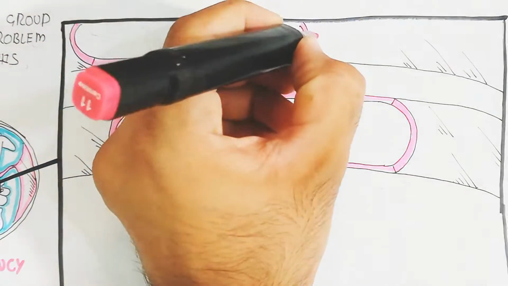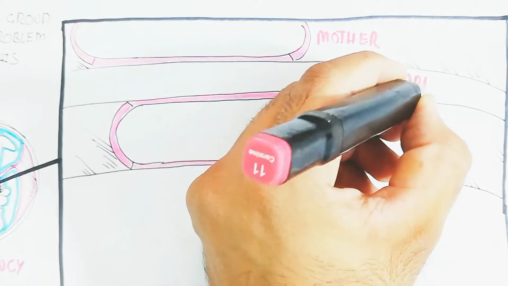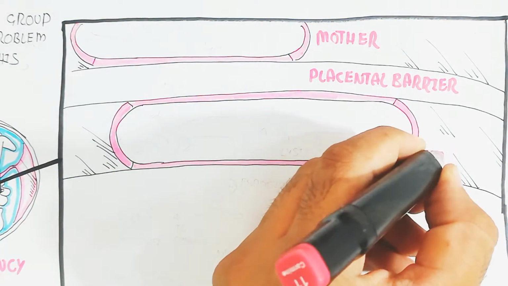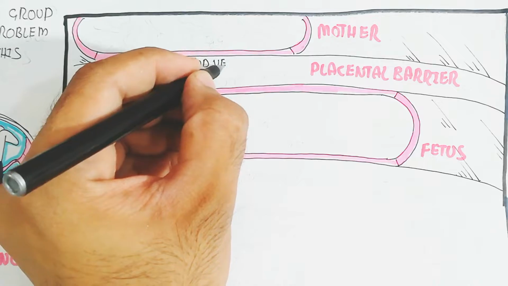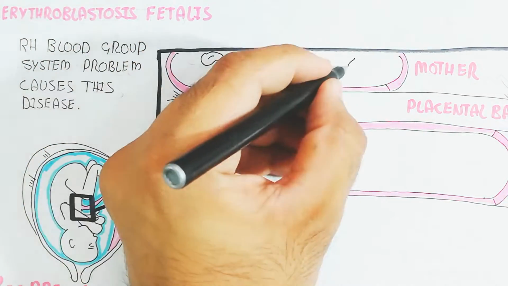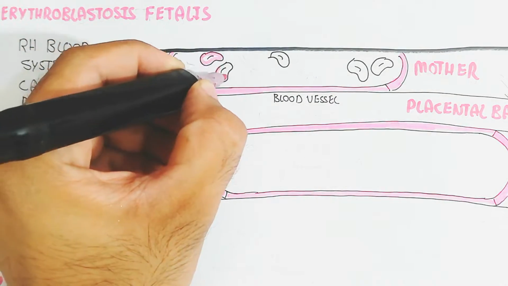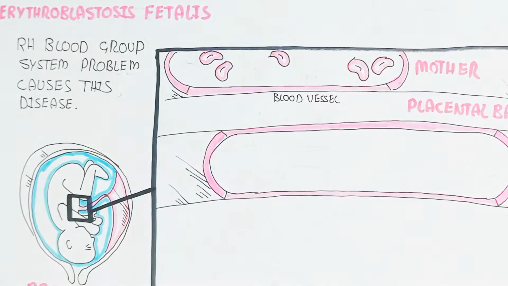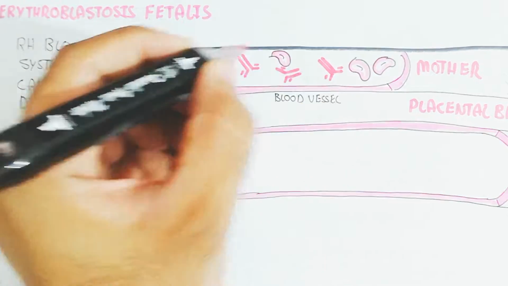So here is the mother's blood circulatory system, while the fetus and the placental barrier are present. Remember, this placental barrier can be passed by IgG antibodies. When it passes from the mother to the fetus, it will opsonize the RBC of the fetus, which contains antigen D.